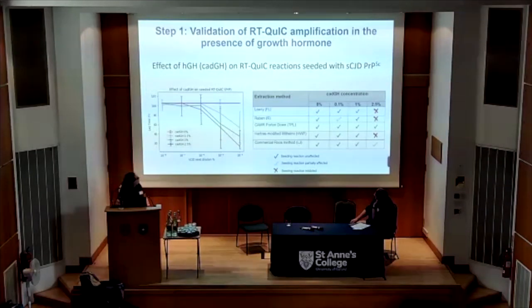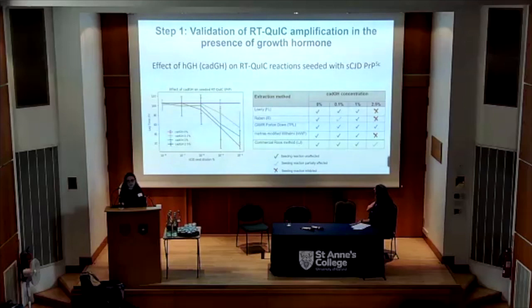So what we have here is a table of the different extraction methods. And the first column, I've put 0%. So that's where we've not added our human growth hormone. So you can see that we get seeding activity within each, with the sporadic CJD.